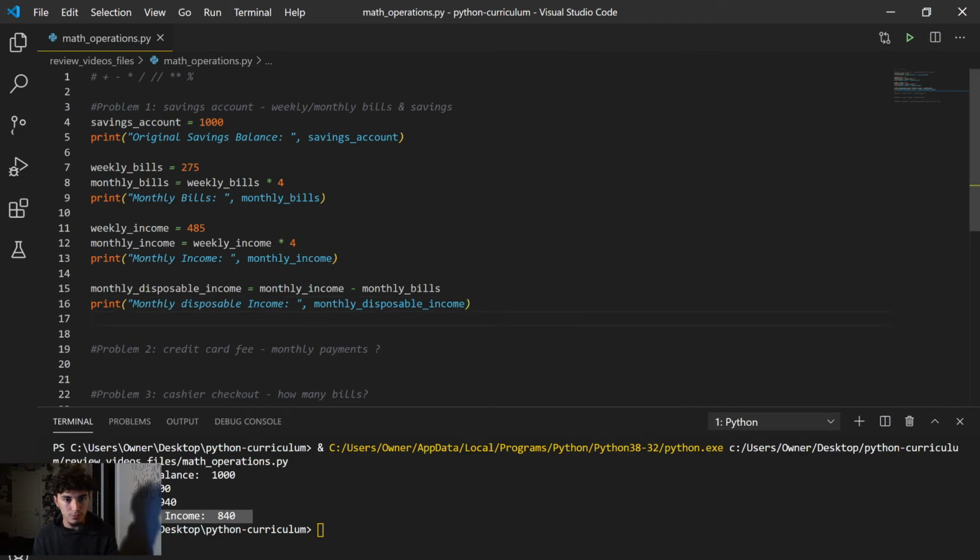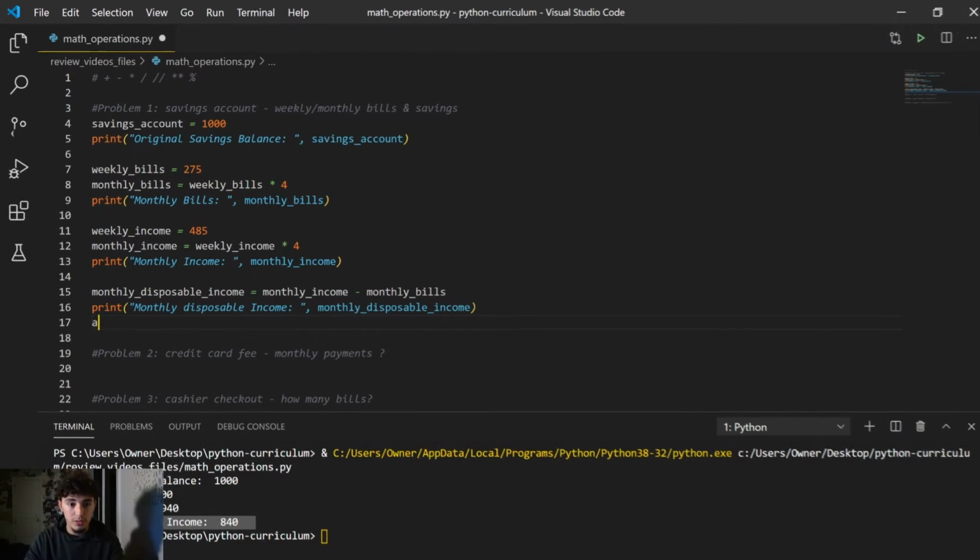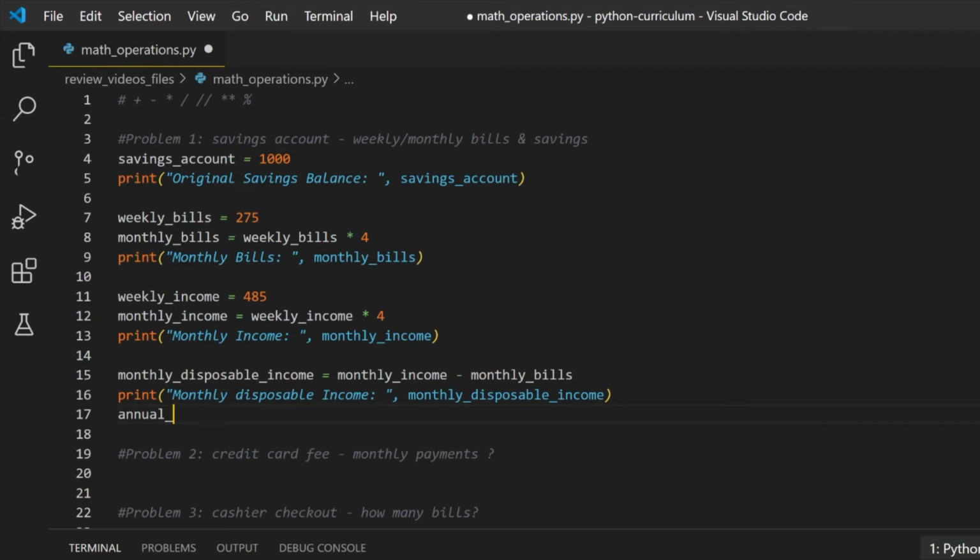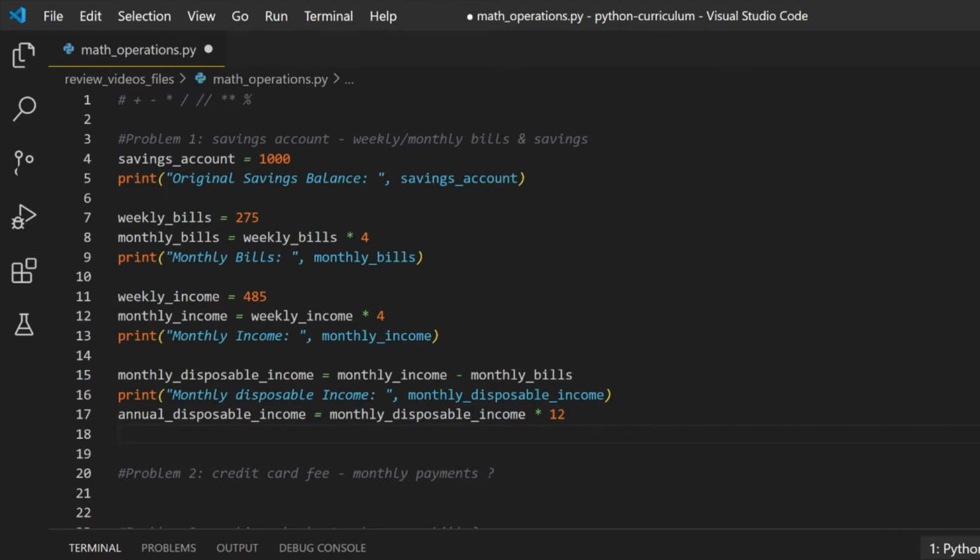Okay, cool. So now what we could do is calculate our annual disposable income if we'd like. Annual disposable income is just going to be our monthly one, but this time multiplied by 12. And then, let's also create a monthly savings amount.